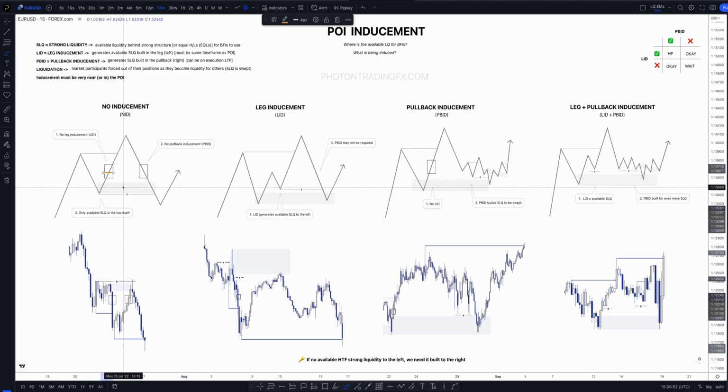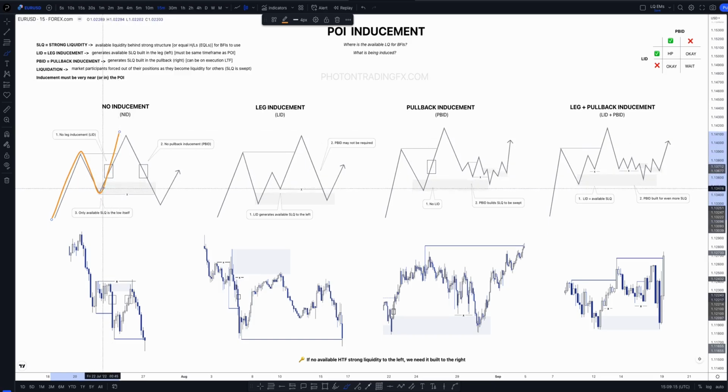So there's nothing built to the left with available liquidity behind it and nothing built to the right with available liquidity behind it. Whenever I draw a box like that, I'm showing there is no strong liquidity there. There's no structural low or high for liquidity to be, and likewise nothing was built on the pullback. So this will be where you get a straight push.